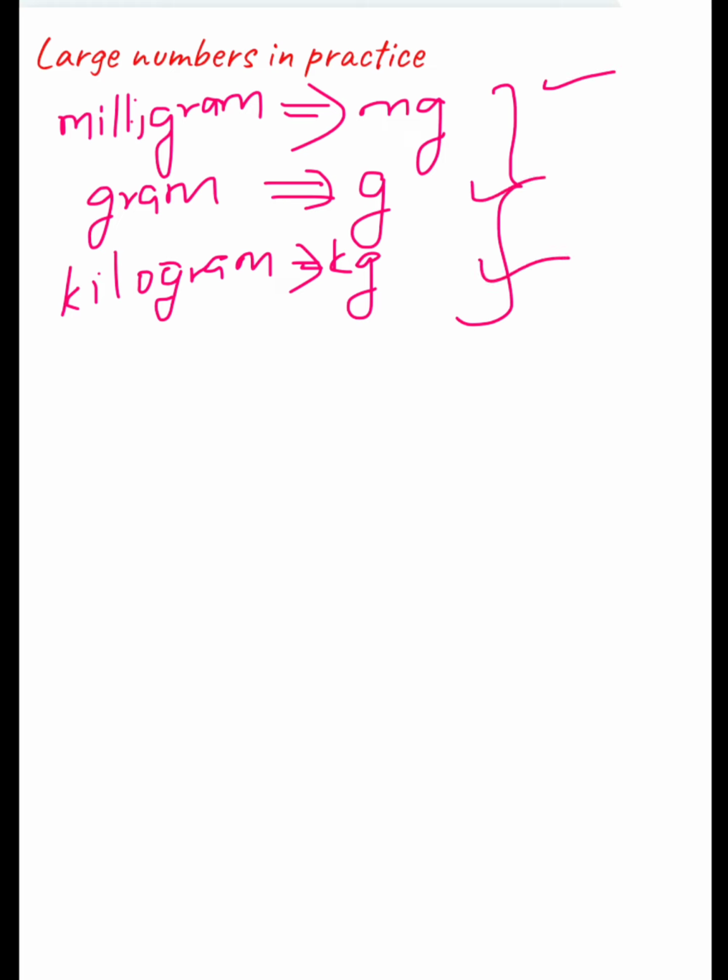Here also kilogram is the greatest one and milligram is the smallest one. Now let's see the relation between all those things. When you take 1000 milligram, you get 1 gram. 1 gram equals 1000 milligram.